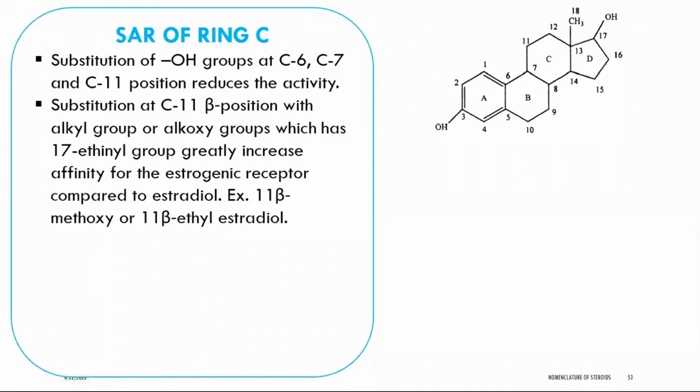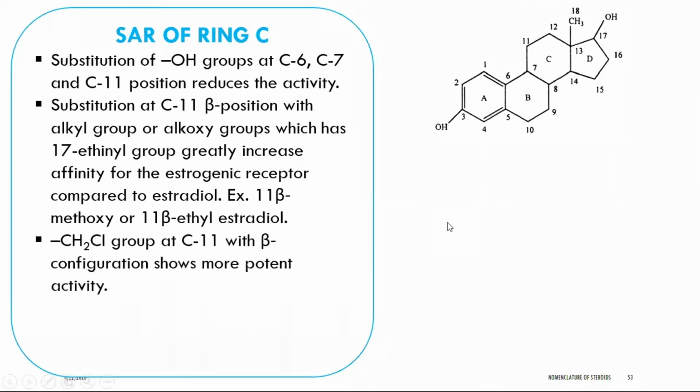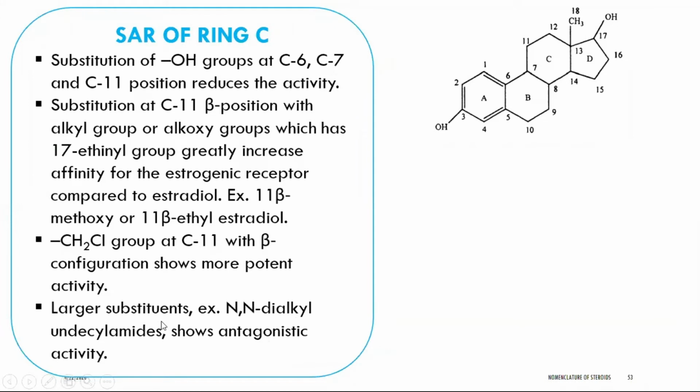That means such a compound is more potent compared to estradiol. The example is 11 beta methoxy or 11 beta ethyl estradiol. Next, a methyl chloride group at the 11 position with beta configuration shows more potent activity. Larger substituents like N,N-dialkyl undecylamine show antagonist activity.